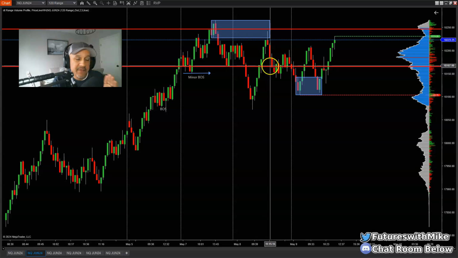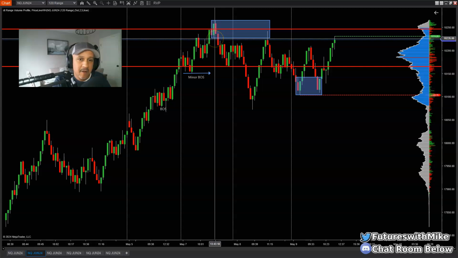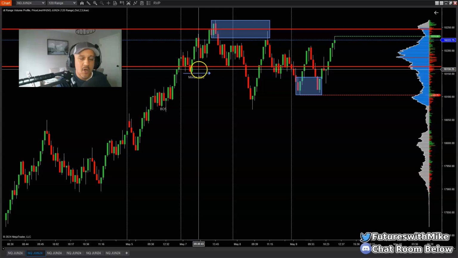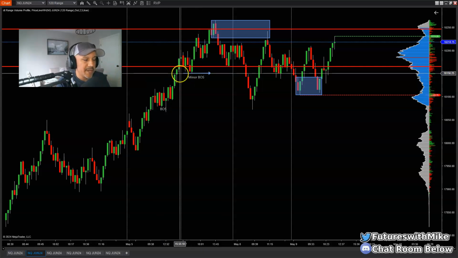Now, for all those that took this trade when the market pulled back to this supply area off of the 120 range chart, when it pulls back to a major supply zone after breaking an area of structure on a higher base chart, you have to think about, if it rejects that area, how powerful that move back to the downside is going to be. Even though we are bullish overall, because we haven't broken through a major area of structure, but just slightly broke through an area of minor structure, there's still opportunity to look for a short.